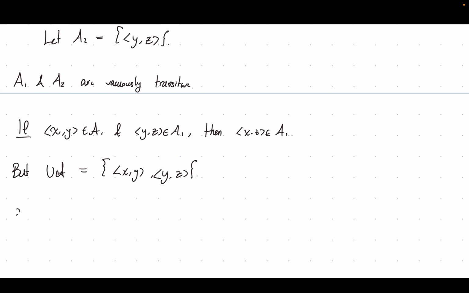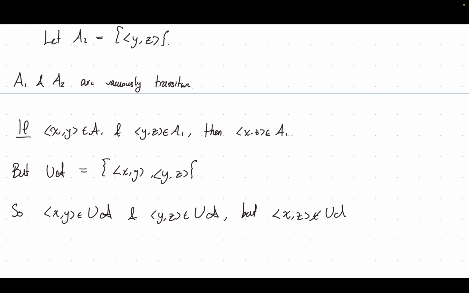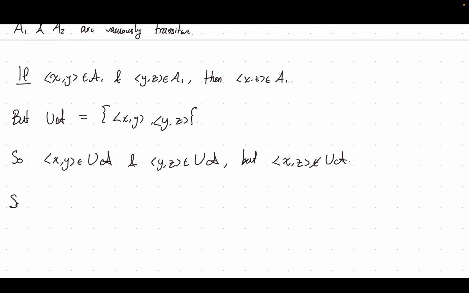So here x comma y is in the union of script A and y comma z is in the union of script A, but x comma z is not in the union of script A. So the union of script A is not a transitive relation.